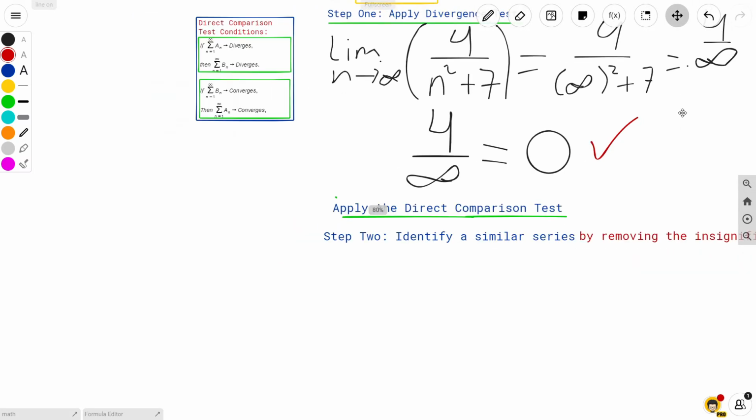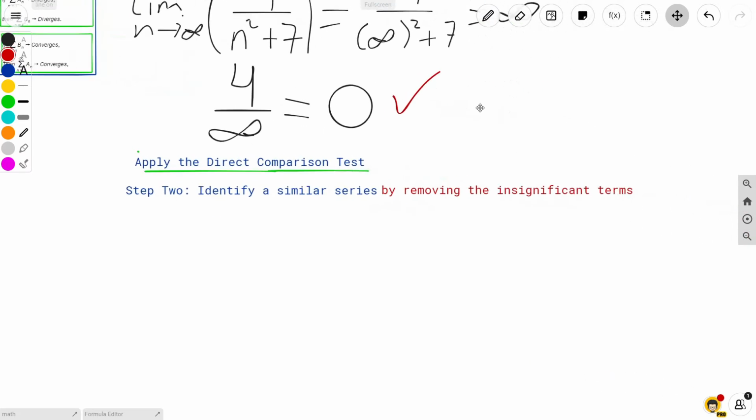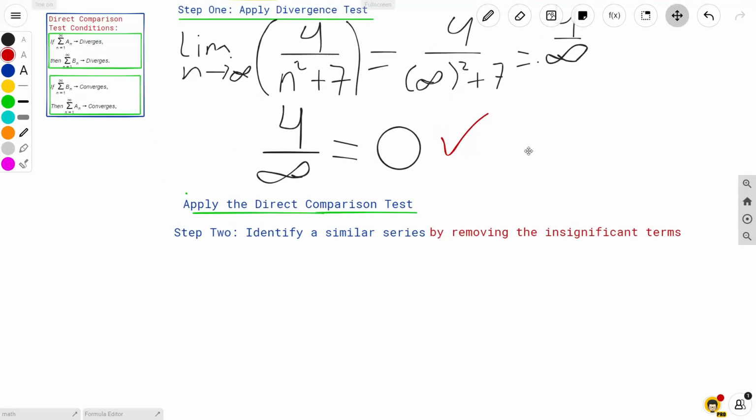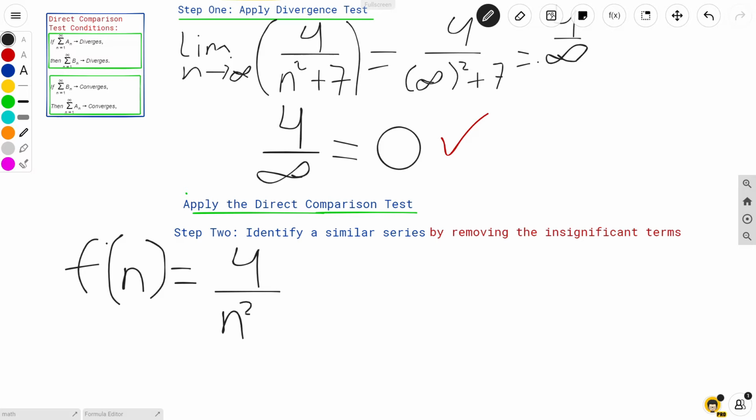So in doing that, what is our series right now? Our series right now is, we'll call it f of n, equal to 4 divided by n squared plus 7. So what do we mean by removing the insignificant terms?